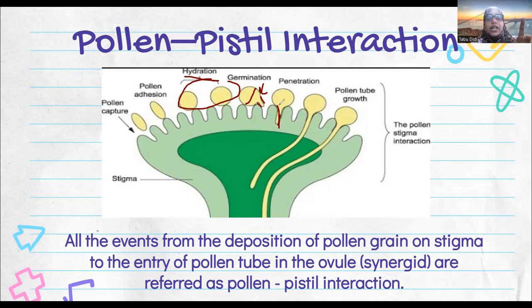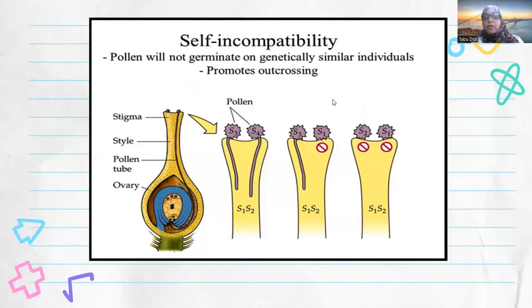If you have still not checked out the video, please go and see the video on development of male gametophyte, how the pollen grain develops into this pollen tube and then is ready to fertilize the egg. Okay, so this event together from the capture till the growth of the pollen tube, we call the pollen pistil interaction. Okay, so this interaction might be compatible sometimes, might not be compatible sometimes.